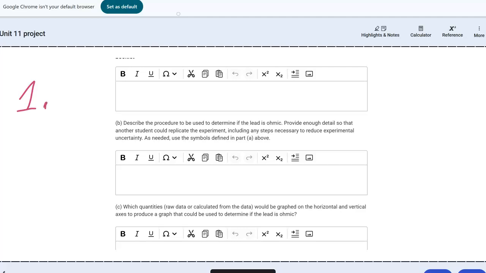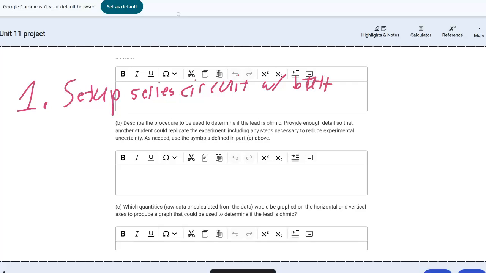One, set up a series circuit with a battery, an ammeter, the pencil lead, and one of the resistors.